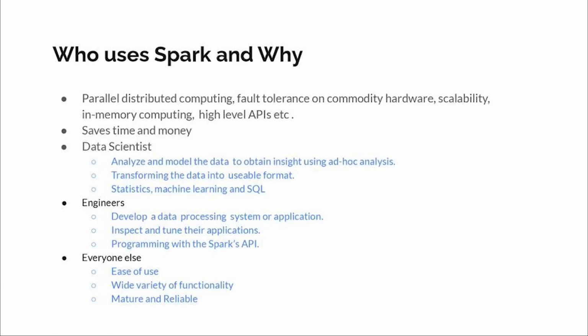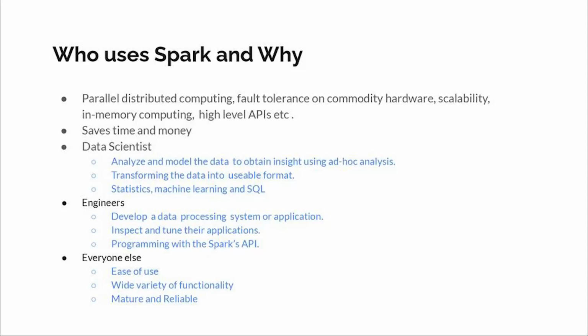Fault tolerance basically means that if any one system fails, Apache Spark is able to automatically cover up for that failed system so that the entire distributed computing environment does not collapse. The third is scalability. You can add tons and tons of data and it will still work the same, with not so much increase in the time it consumes.